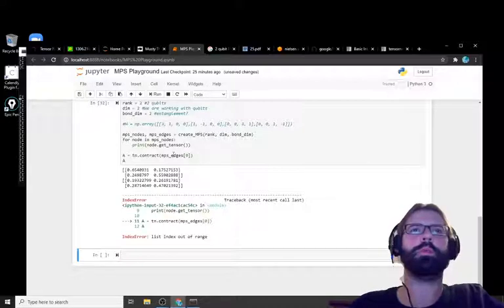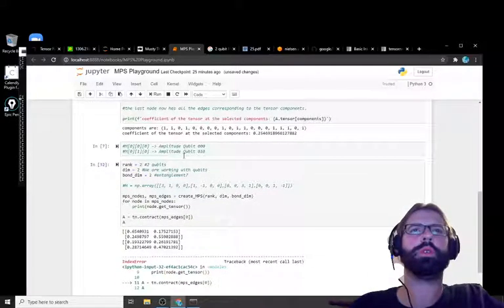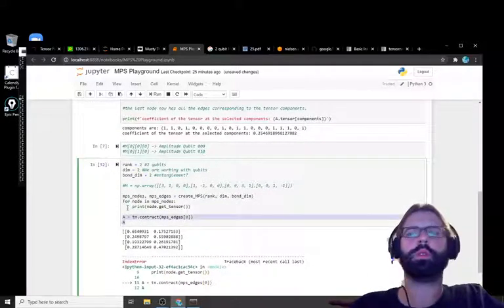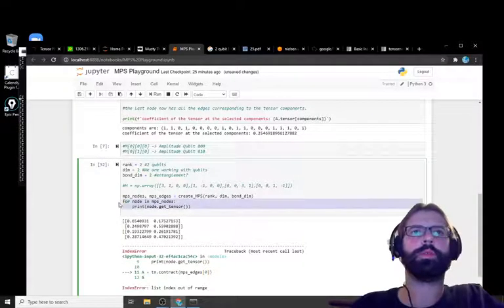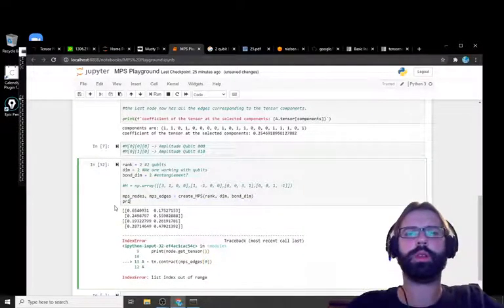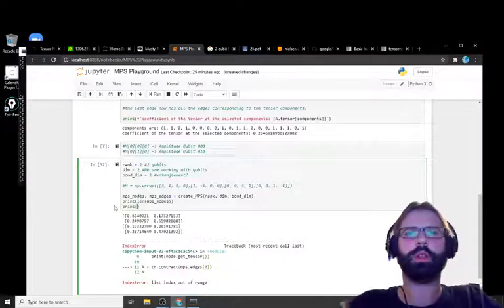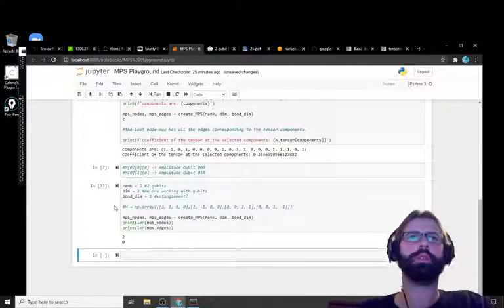Oh, that gives me 2 nodes. First of all, that gives me, print the length of MPS nodes and print the length of MPS edges. Still 0 edges.